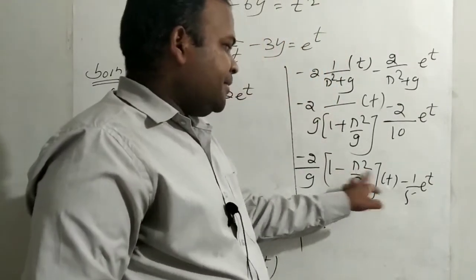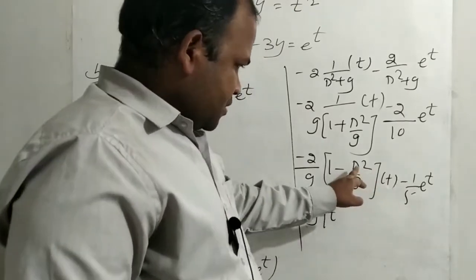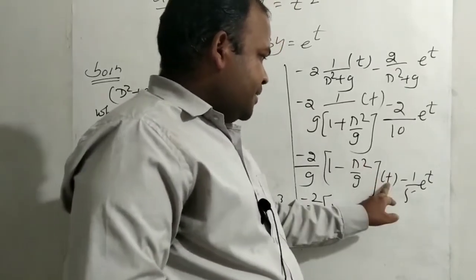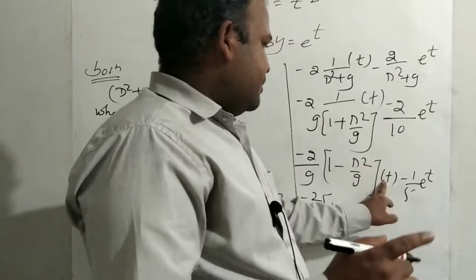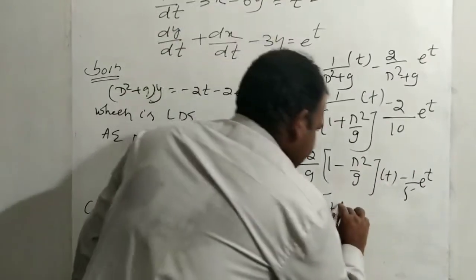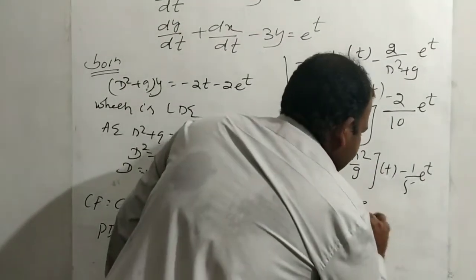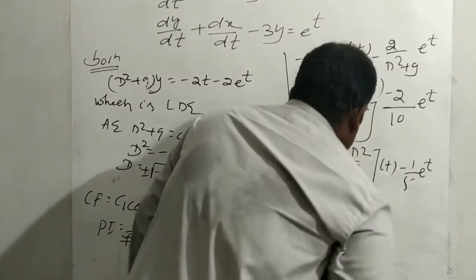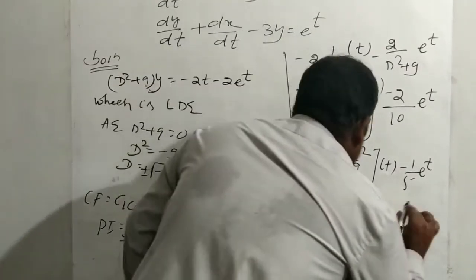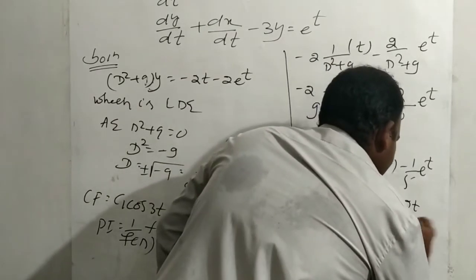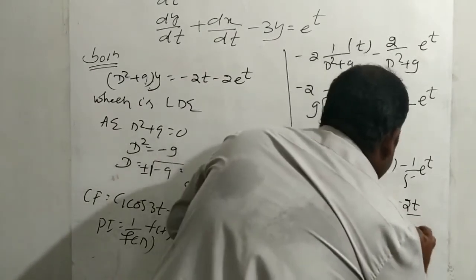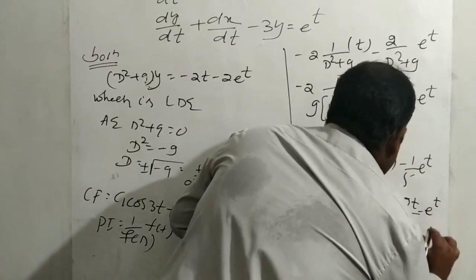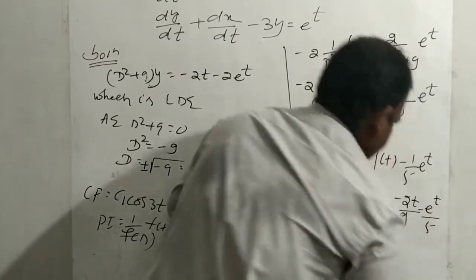The double derivative of t. So the single derivative of t is 1, and the double derivative will be 0, only t. And this is minus e raised to t upon 5. So the answer will be what? So minus 2t upon 9 minus e raised to t upon 5.